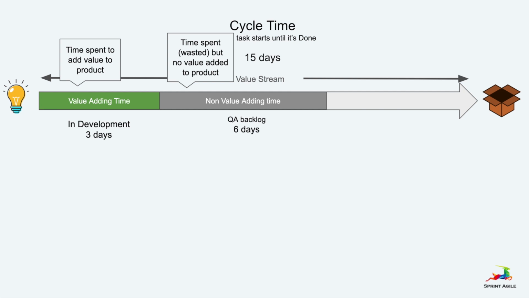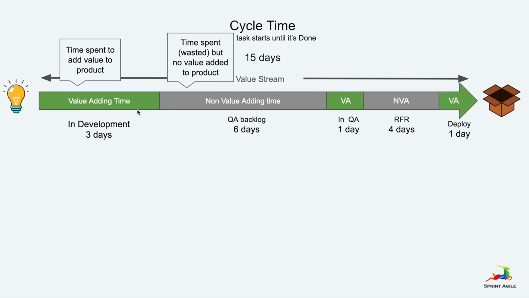In our scenario, until someone picked it up from the QA backlog, the time was basically wasted because no value was added to the product. Anyway, we continue creating our value stream, so we need to test the product, and then the product waits until we deploy to production.